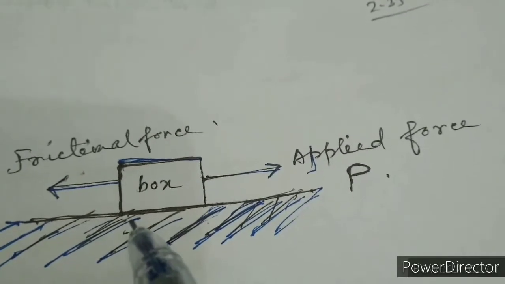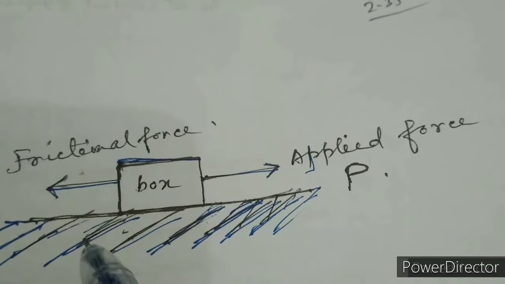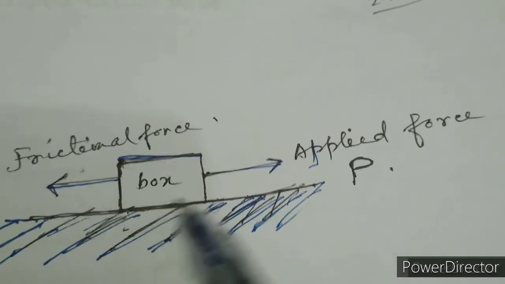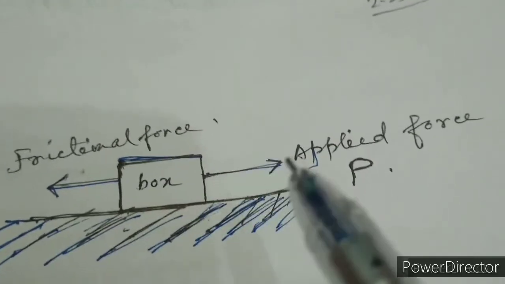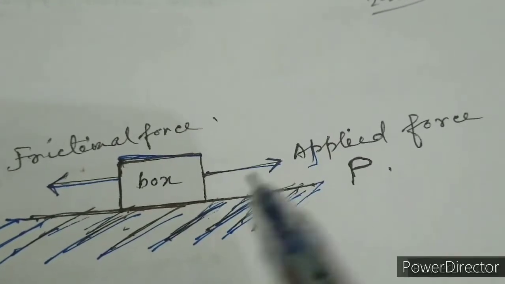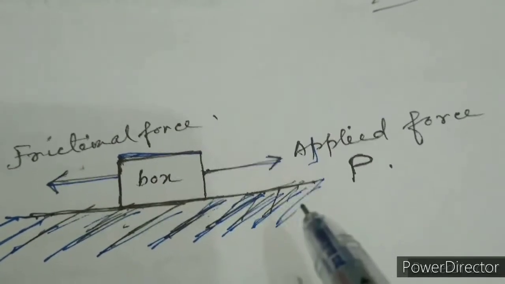So this value, up to which the box is not going to be displaced, is known as the static friction.